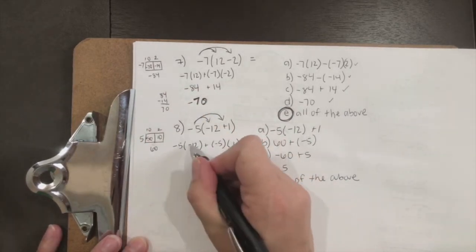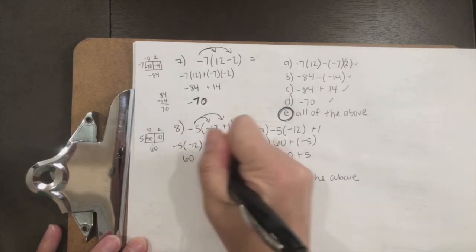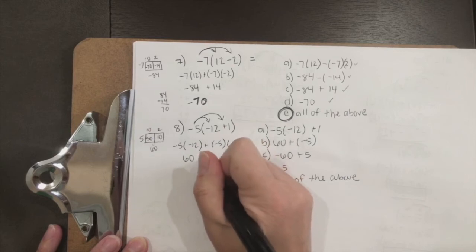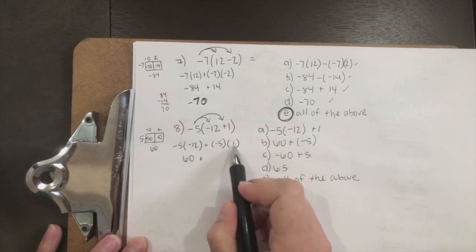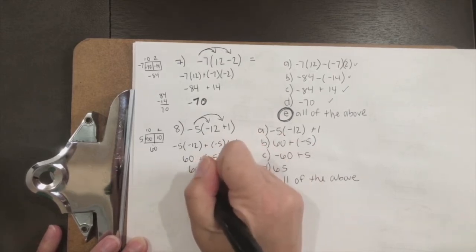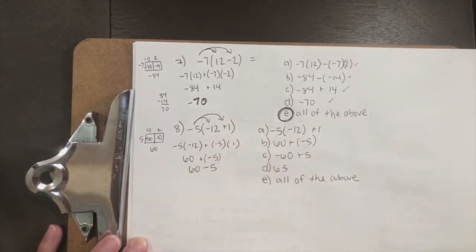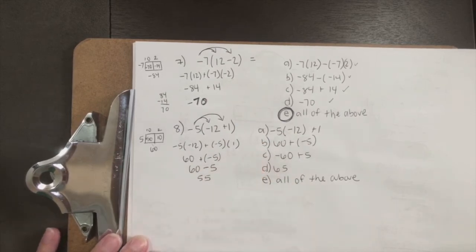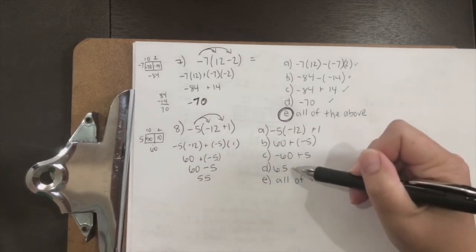Then negative times negative is positive, so this is positive 60, and then plus negative 5 times 1 is negative 5, so then we're going to say 60 minus 5, and 60 minus 5 is 55. So that's not correct.